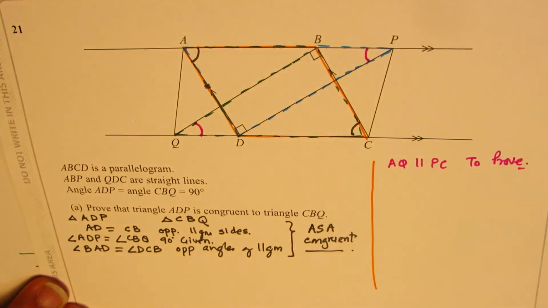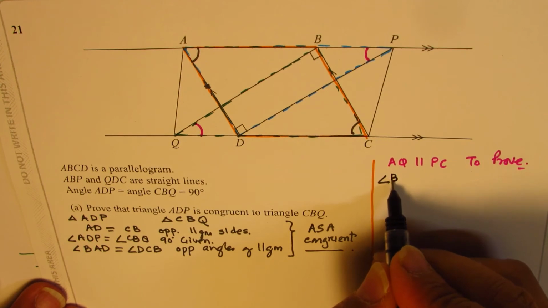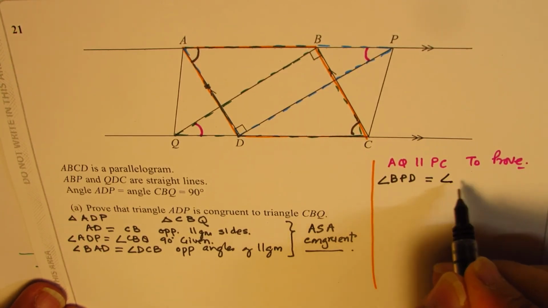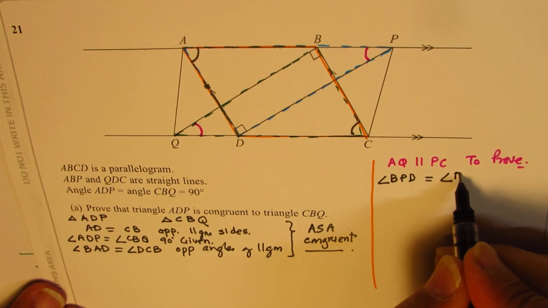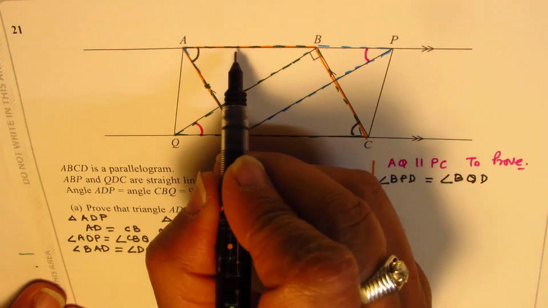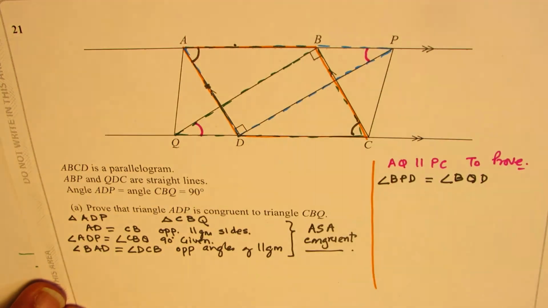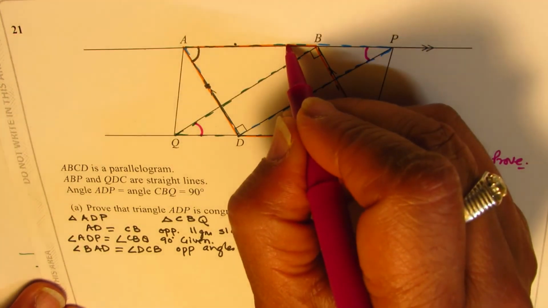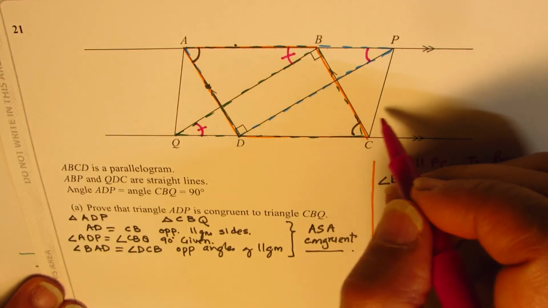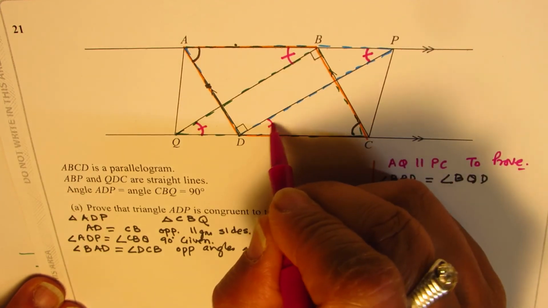So we know that, let me write down here, angle BPD is equal to angle BQD. Okay. Now we are also given that these are parallel sides, right? These are parallel sides, and therefore alternate interior angles will be equal. So that angle is equal to this angle, and on the other side we know that these two angles are also equal.